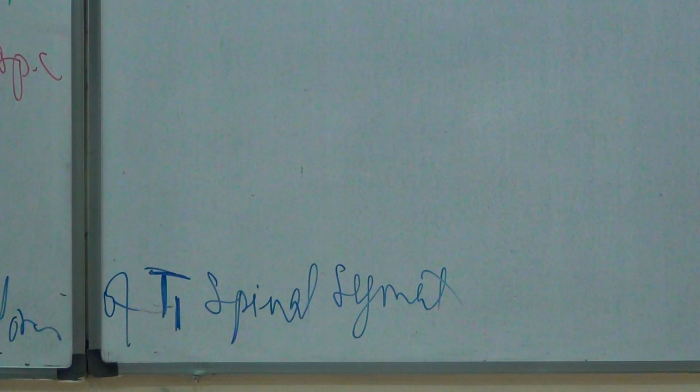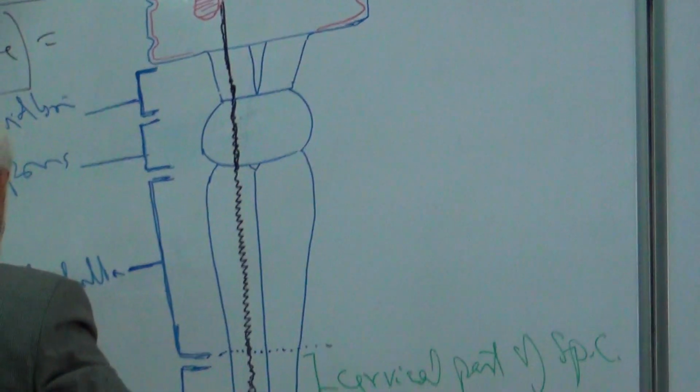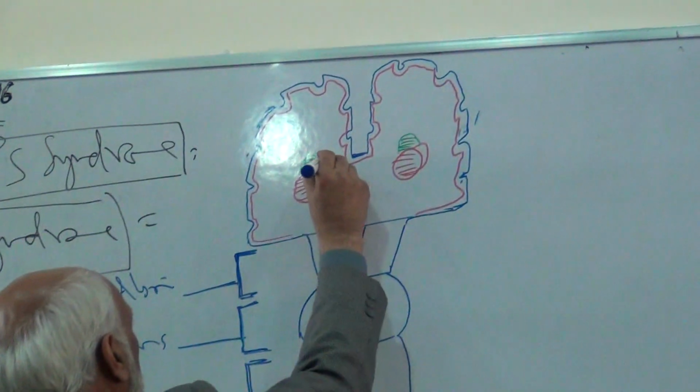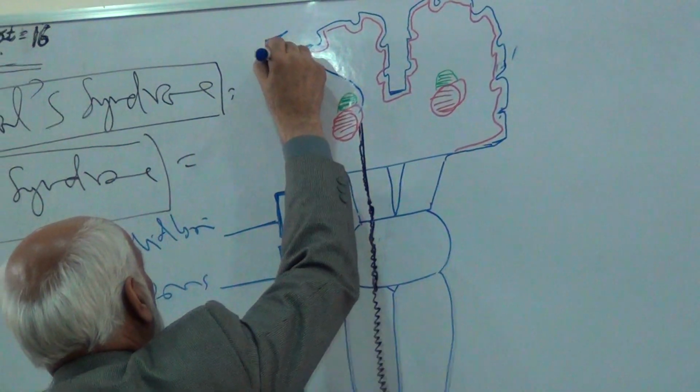So a bundle of nerve fibers arises from the posterior part of the hypothalamus.